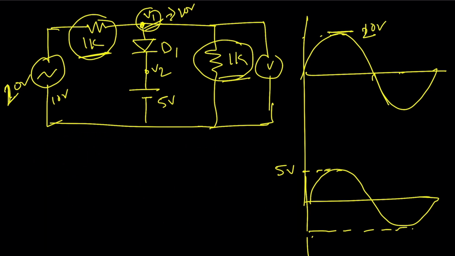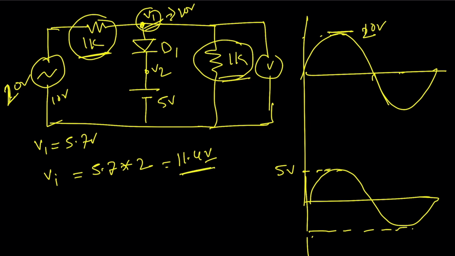If we need V1 as 5.7 volt, then the input voltage Vi should be 5.7 multiplied by 2. It will be around 11.4 volt. Okay, if we give 11.4 volt, then these two resistances divide the voltage and V1 will be 5.7 volt, right? That means up to 11.4 volt, the diode will be turned off.